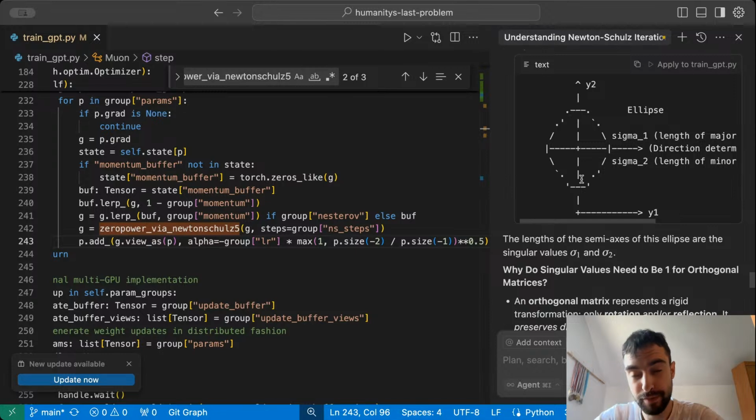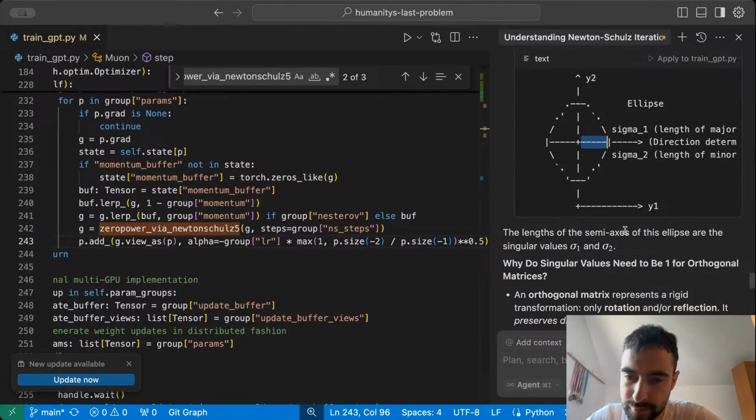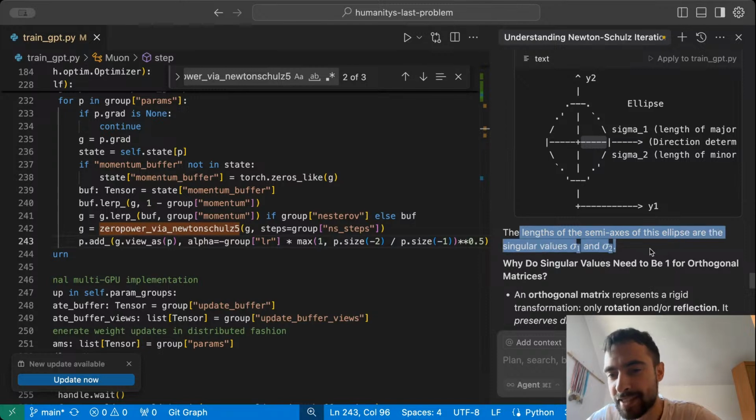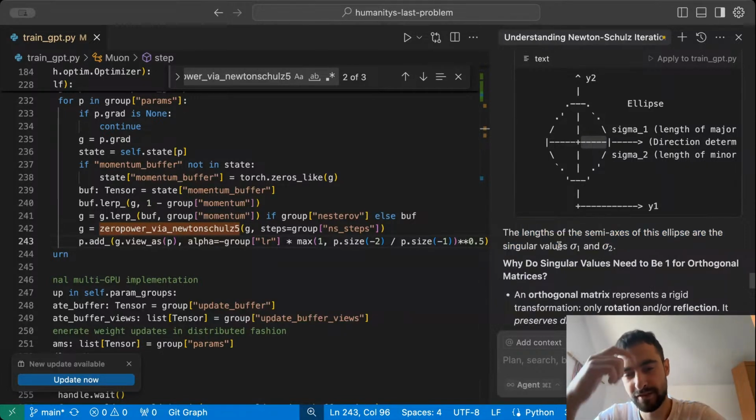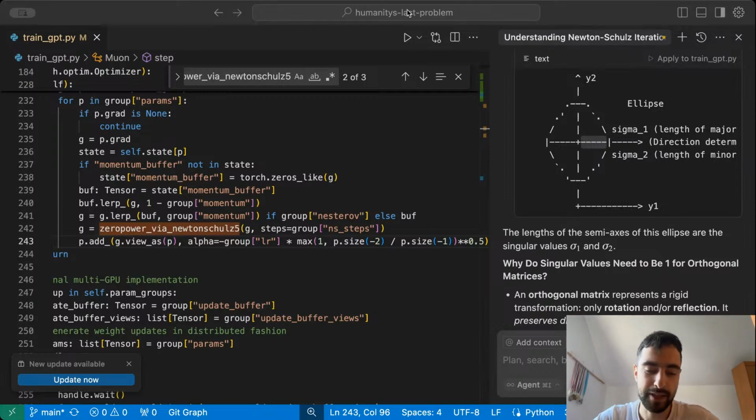I don't know. Oh, maybe it's half of the axis. The lengths of the semi-axis of this ellipse are the singular values omega 1. Oh, is it sigma? It's not omega, it's sigma. Wait, let me just check quickly. Sigma. Yeah, this is sigma.